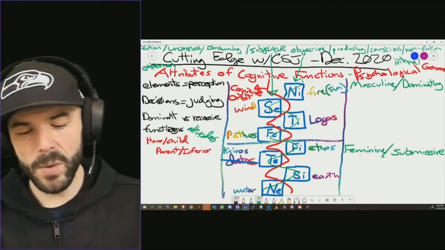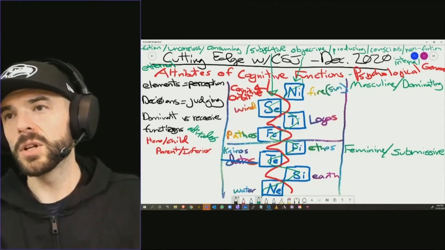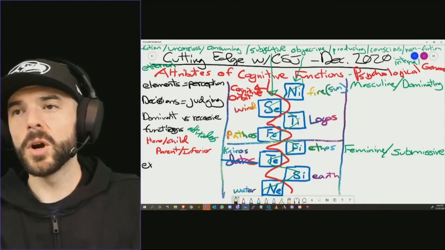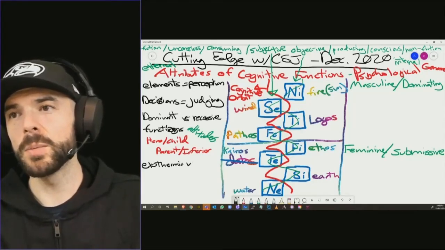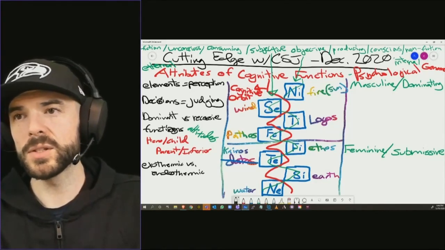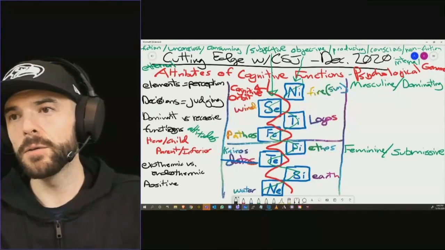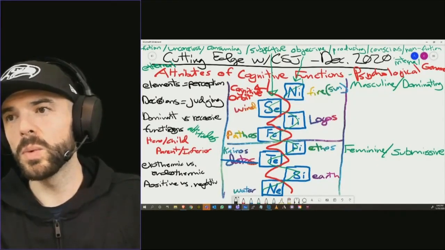And then to go even worse than that, I'm just going to list things down here. There's an argument to be made about which functions are exothermic versus endothermic. Thank you, Mr. Kaz, for bringing that up to me earlier today. That was excellent. But then to go even further, you have to consider positive versus negative charge as well.